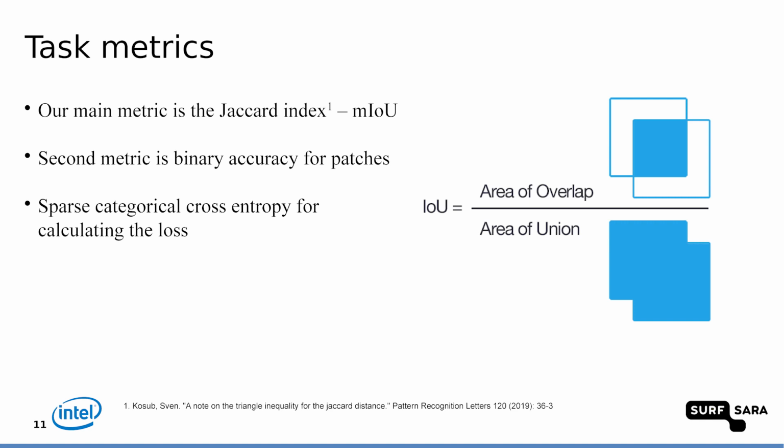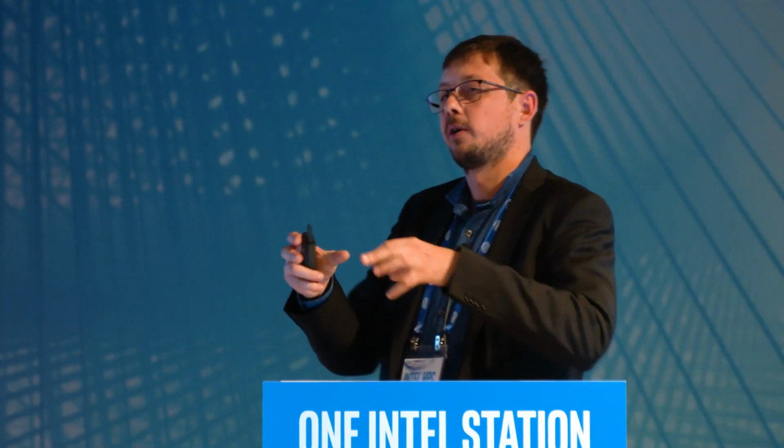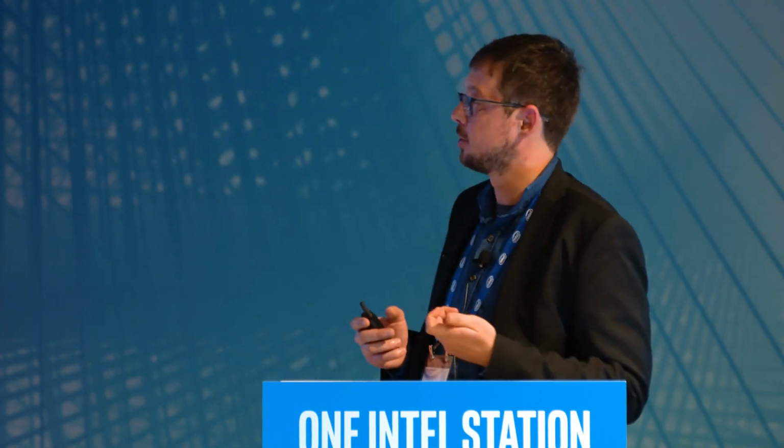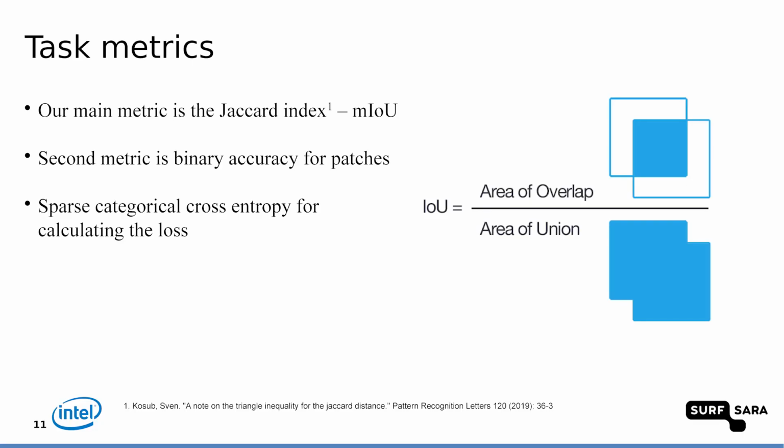The second metric is the binary accuracy for patches. You will have a large number of patches spread from the initial image, and then you have a diseased patch or a healthy patch. So that's the second metric. And just for completeness, we used sparse categorical cross entropy as the loss function.